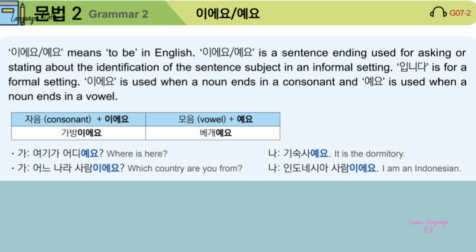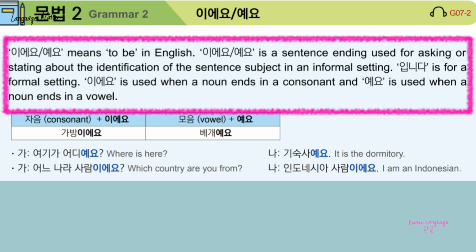In other words, 이에요 and 예요 is in accordance with to be in English. 이에요, 예요 is a sentence ending used for asking or stating about the identification of the sentence subject in an informal setting. 입니다 is used for formal settings. 이에요 is used while a noun ends in a consonant, and 예요 is used when a noun ends in a vowel.